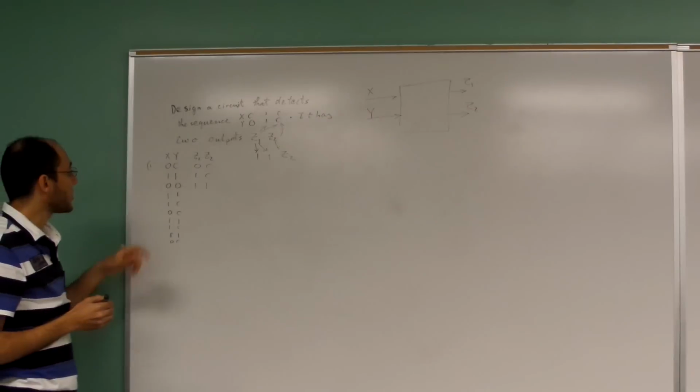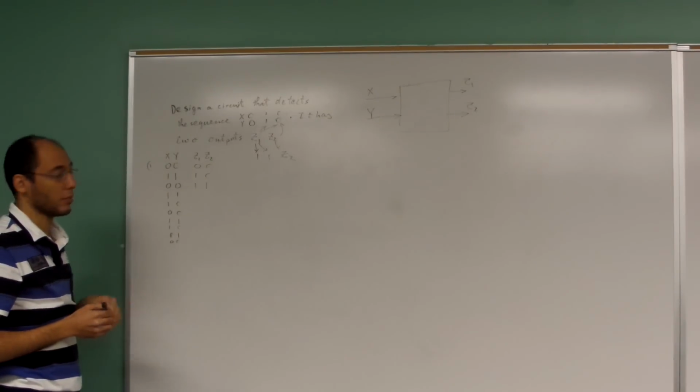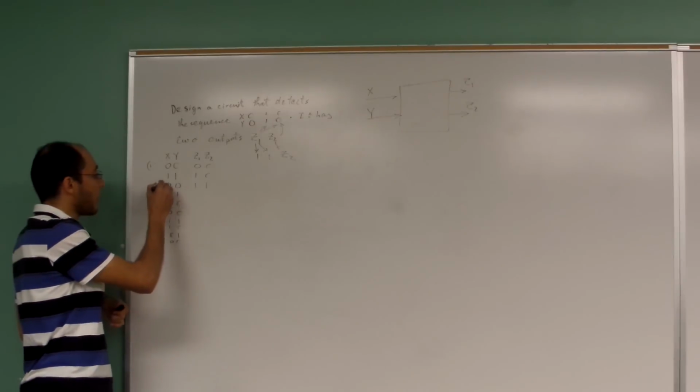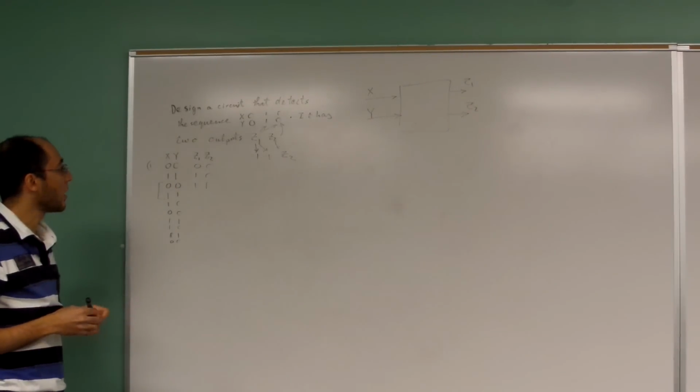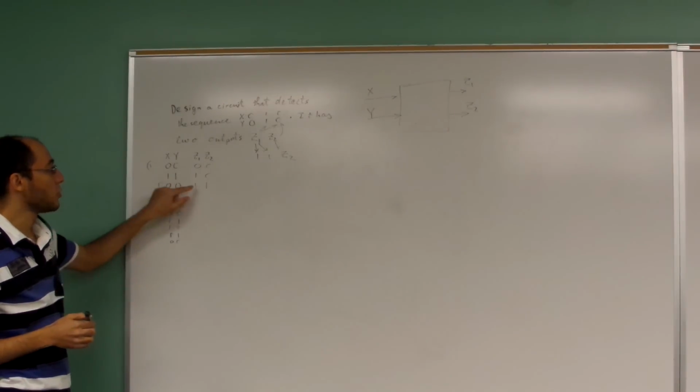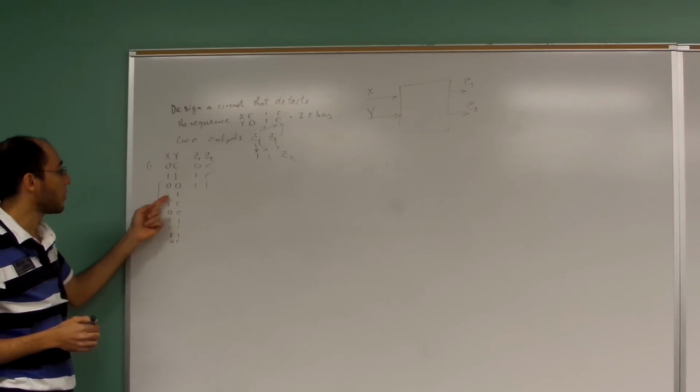Then we received another 11. This is in fact a part of the sequence. Yes, the 00 was used before to output this 1, 1, but it is in fact part of the sequence.